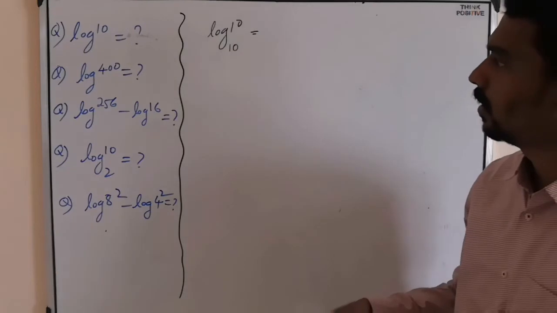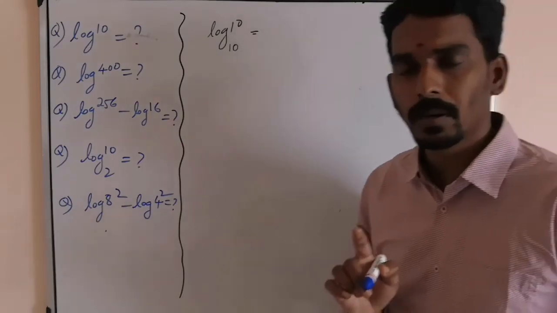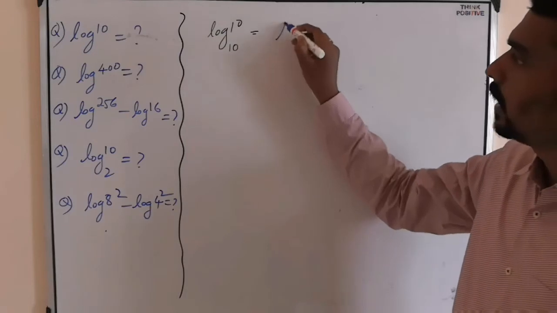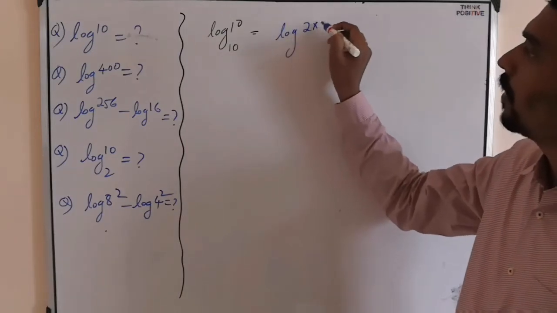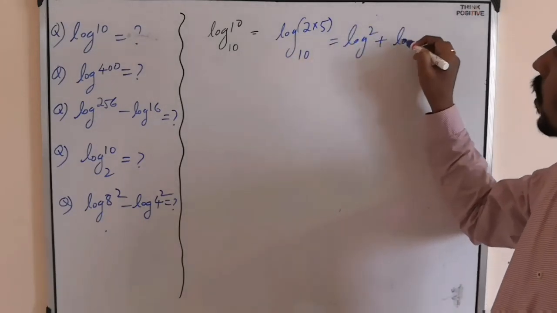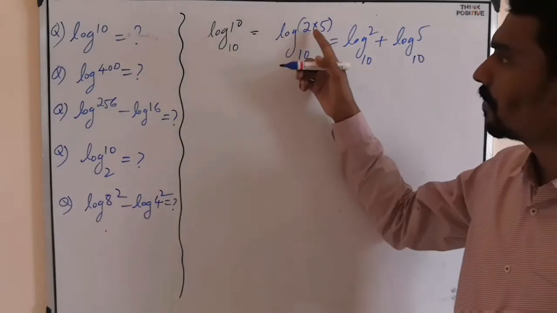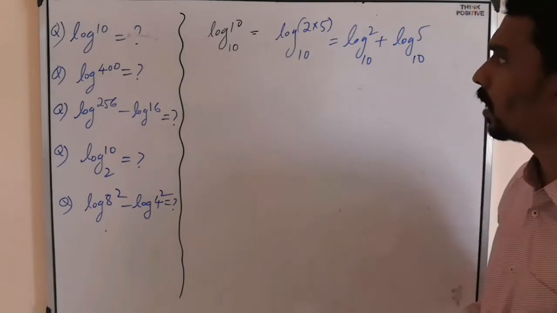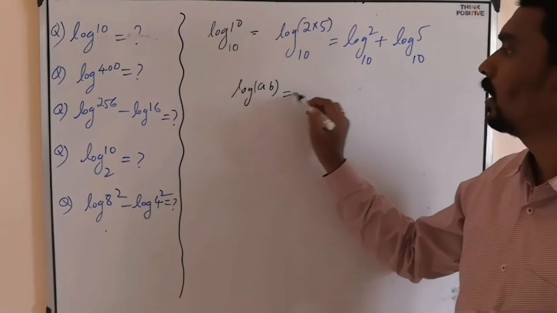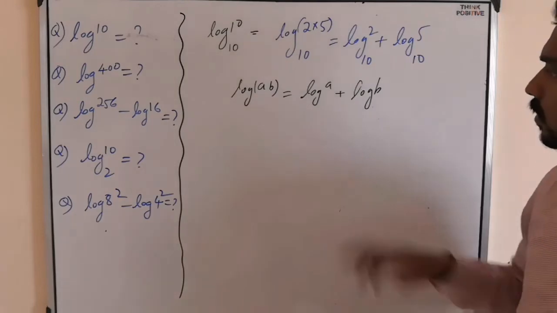Now, we don't know the log 10 value. But I told you to remember log 2, log 3, log 5. Immediately you should get the idea that 10 you can write as 2 into 5, so log 10 equals log 2 plus log 5. Why? Because we have taken the formula for log of a into b. What is that formula? Log of ab equals log a plus log b. So, reverse.